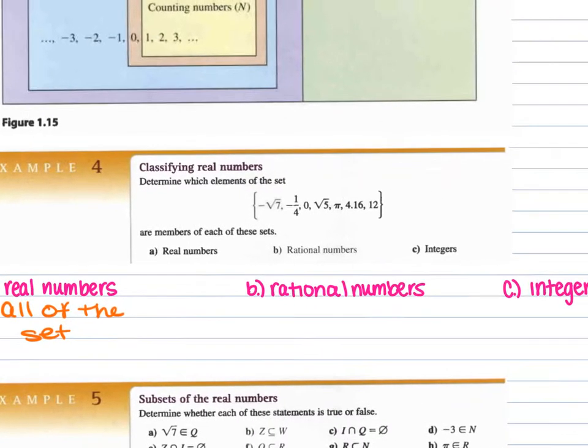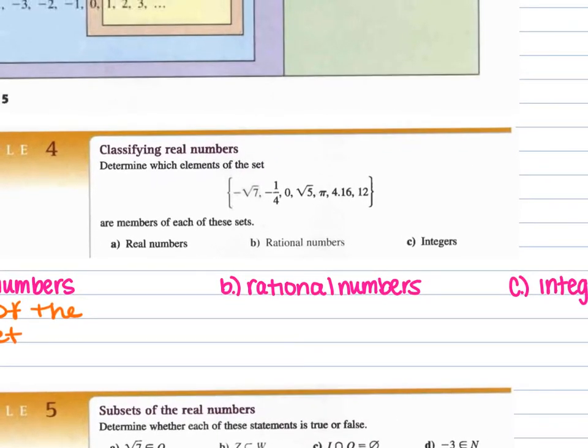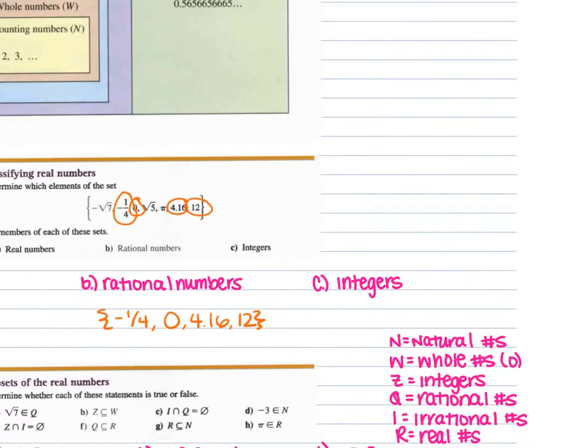Our rational numbers are those numbers that can be represented as a fraction or a decimal. So negative 1/4, 0, 4.16, and 12 are our rational numbers. Your integers are only the numbers that do not include a fraction or decimal. So that's 0 and 12.